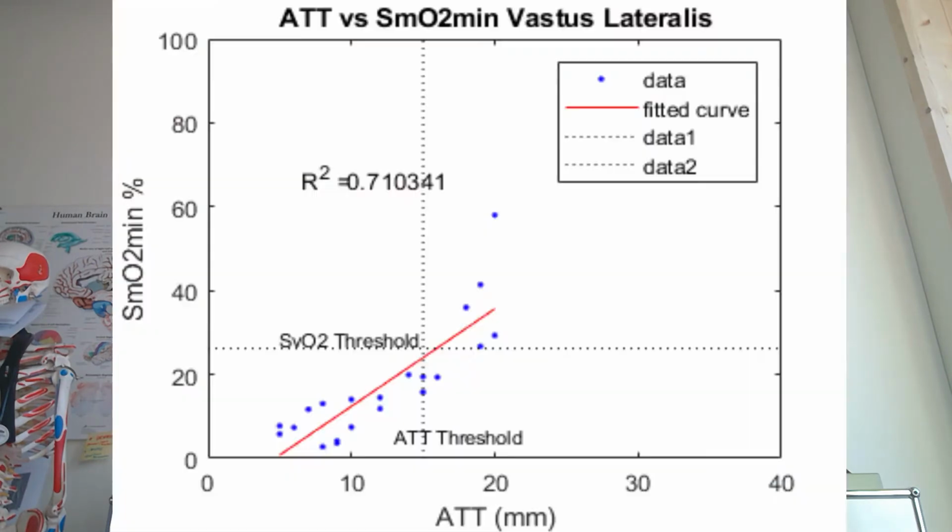What you can see is that as your adipose tissue thickness goes up, you actually have increasing minimal values. This is from the Moxy here. So you become less and less sensitive to the muscle as you get more and more fat.